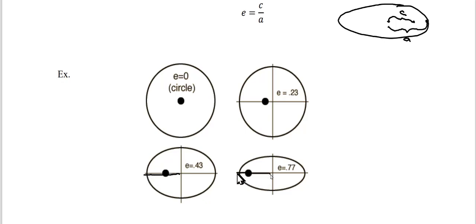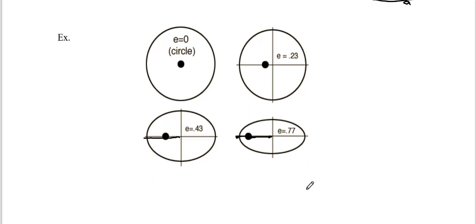Here it's 77% of this distance from here to here. Notice the bigger the E gets, the narrower the ellipse gets, the less circular it gets. We're going to talk a little bit more about this later, too.